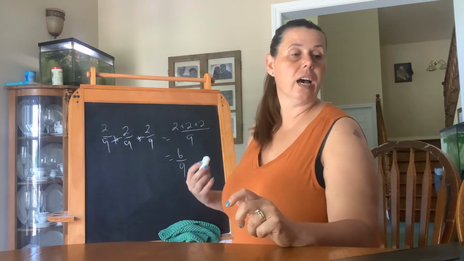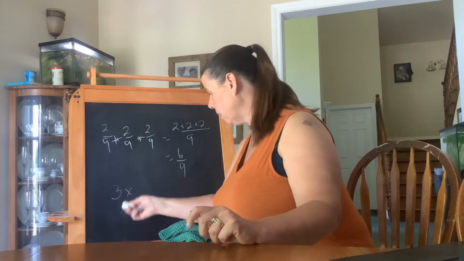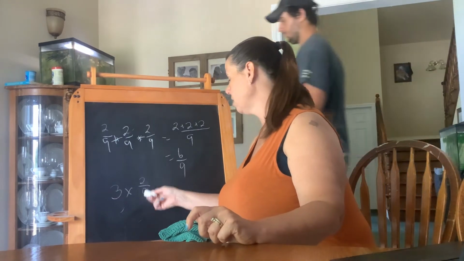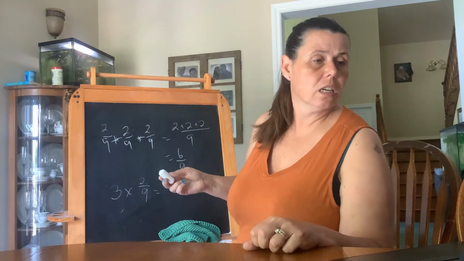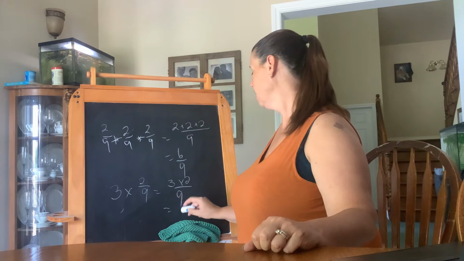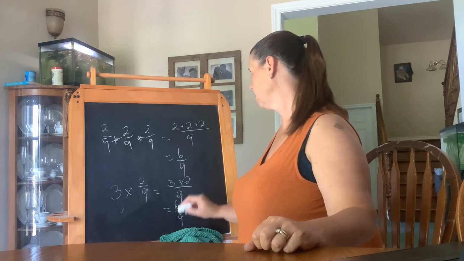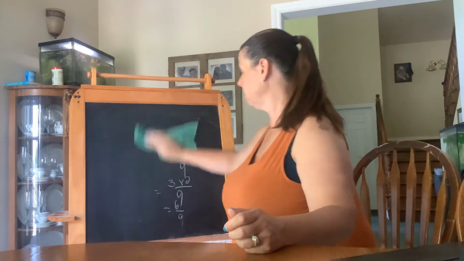So 3 times 2 ninths would equal 3 times 2 over 9, 6 ninths. Okay?